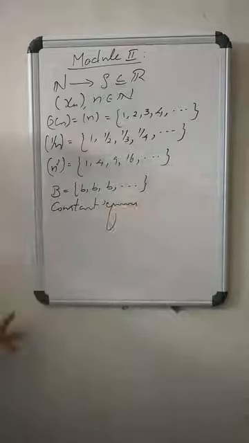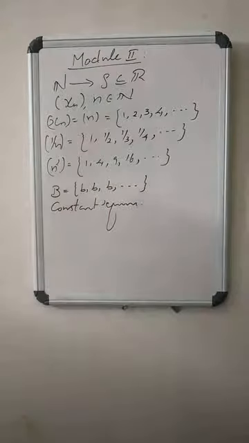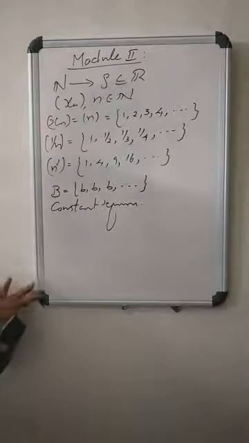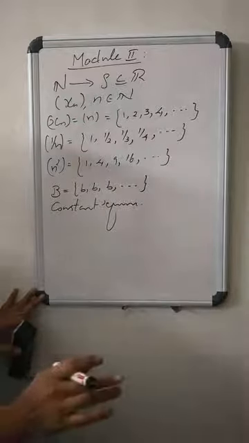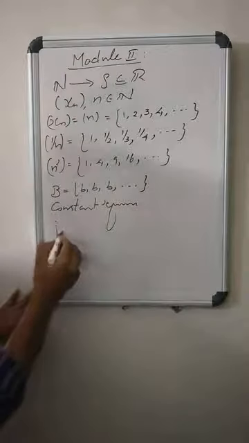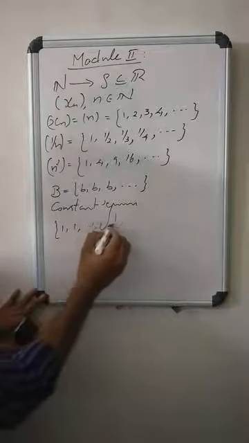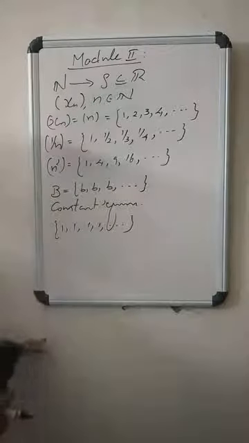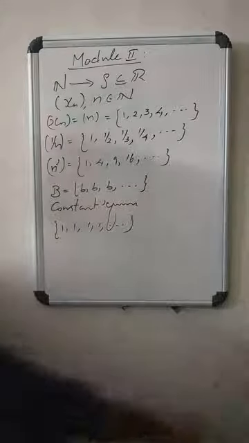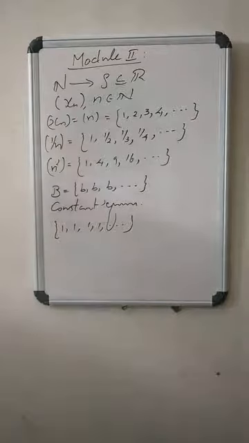If in a sequence all the elements are identical, then that sequence is said to be a constant sequence with respect to that constant. Consider the sequence 1, 1, 1, 1, etc. Here it is the constant sequence 1.